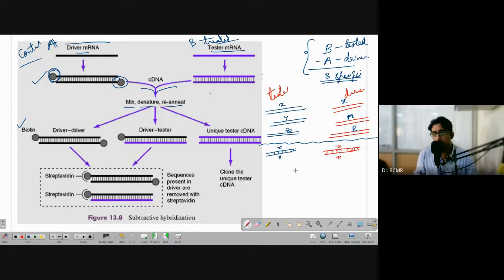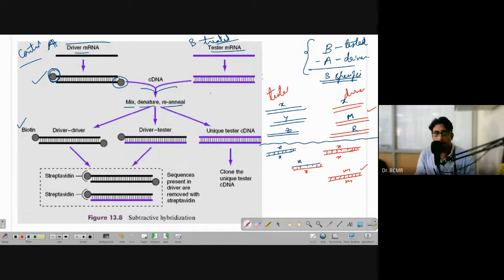There is also a possibility that one strand from the tester and one strand from the driver can bind like this. These are the combinations that will happen. We'll also check what will happen for M. This is M, and there is no complementary sequence from the driver, right? So when we denature and let it reanneal, it will form by itself again like that. M will remain as such.